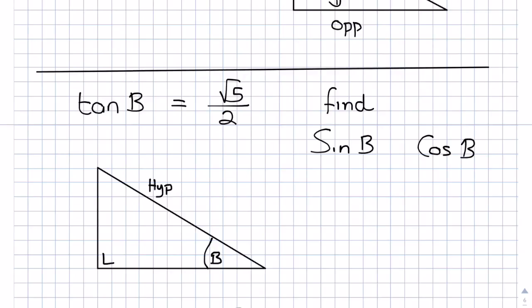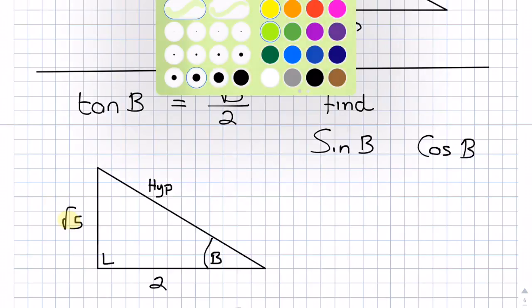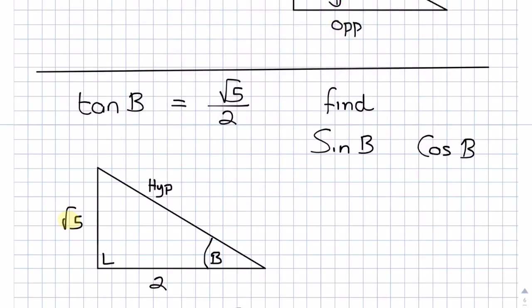So that means the opposite side to B is root 5 and the adjacent side is 2. Okay, the opposite, root 5, the adjacent, 2. And you might be saying, what if I drew my triangle the other way around? What if B was the angle at the top? It doesn't matter. It'll be the same thing anyway.